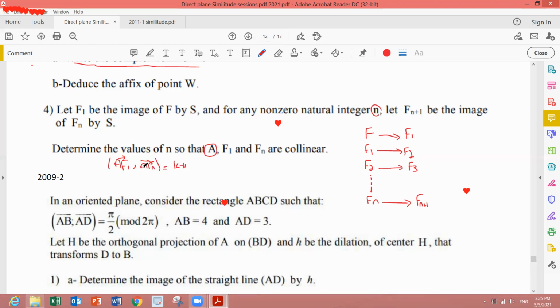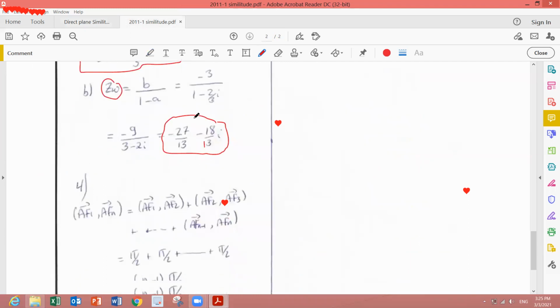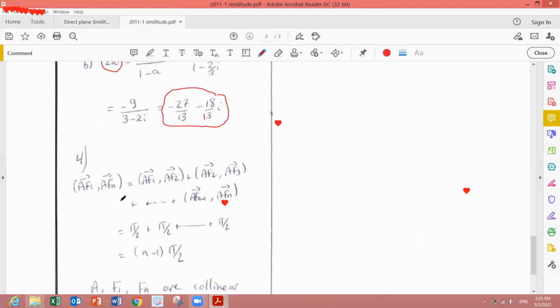How to calculate the angle AF1, AFn? AF1, AFn is AF1, AF2 plus AF2, AF3 plus up to AFn minus 1, AFn.